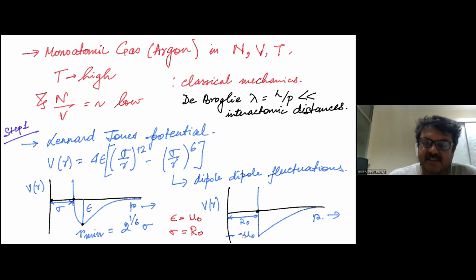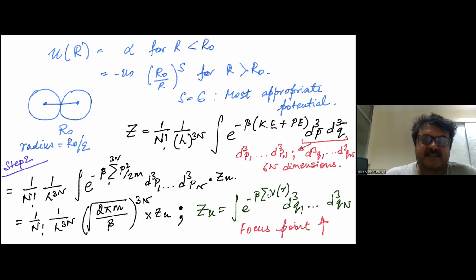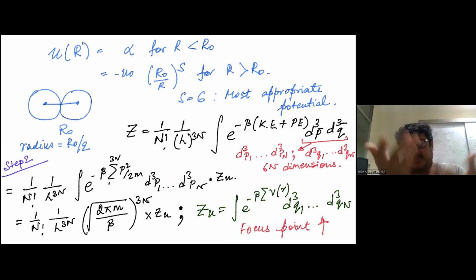So that's the strength of the interaction just beyond r equal to capital R0, with small r being the distance between two particles, and it must be given with a negative sign. And if you choose s equal to 6, which is the most appropriate potential, it would correspond to the r to the power 6 term of the Lennard-Jones potential, which comes obviously from the dipole-dipole fluctuations.